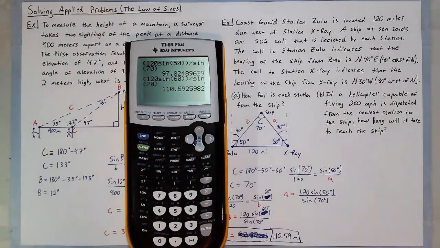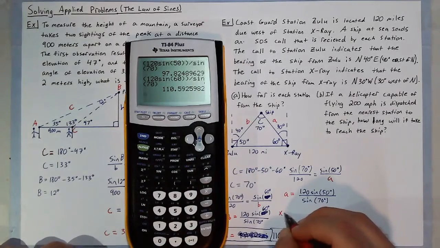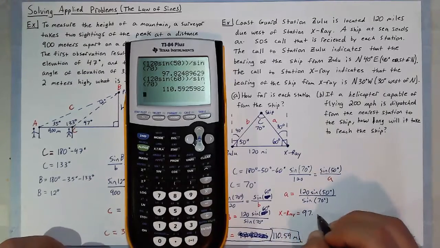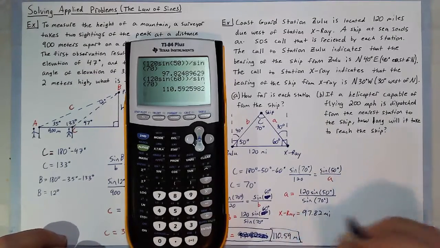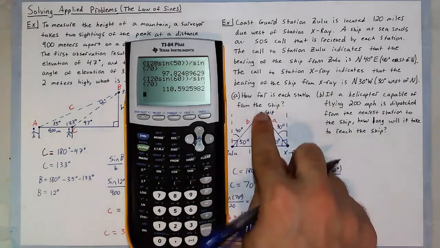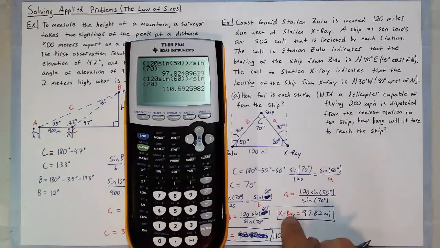So that's 97.82 miles. So X-ray would be 97.82 miles. So the station that's closer to the ship is station X-ray.